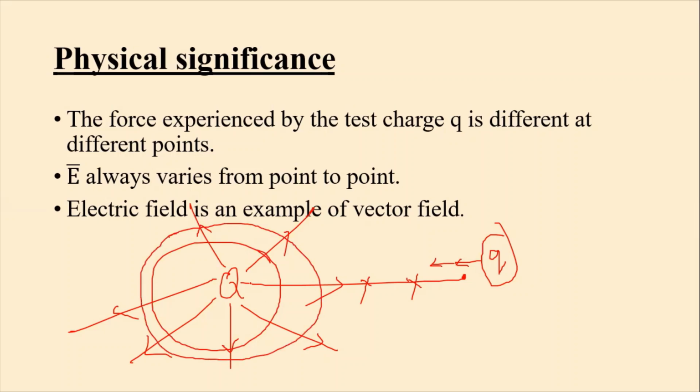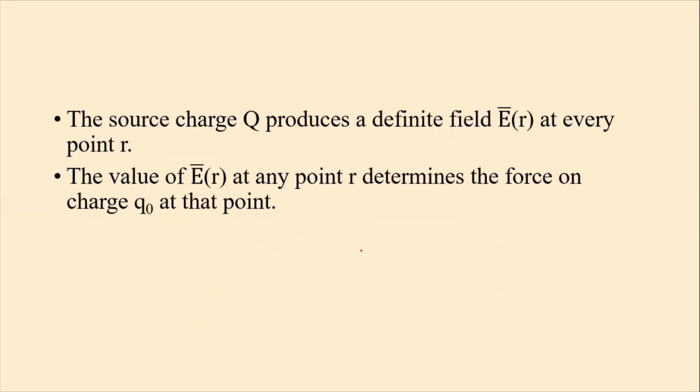You can draw any number of vectors from the center indicating the direction of the electric field. So now the source charge Q produces a definite field. That is, at each point, the field is existing and it is decreasing as we move away from the charge.